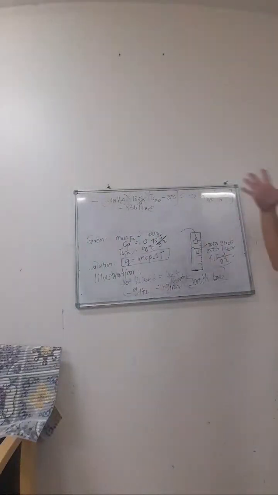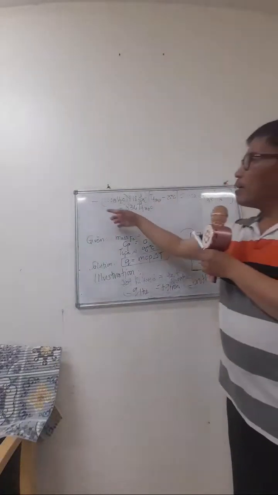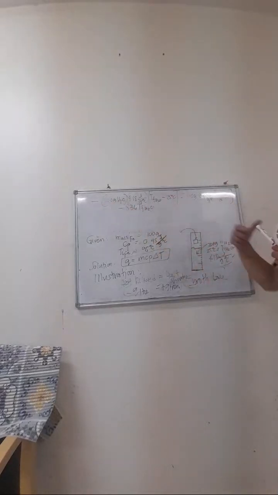Now, distribution multiplication: negative times negative, your answer will be positive.